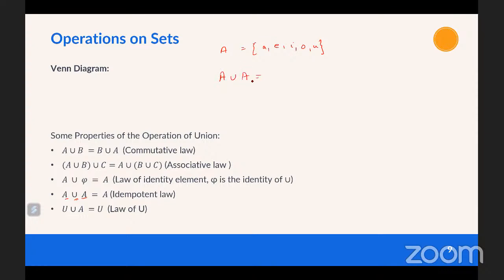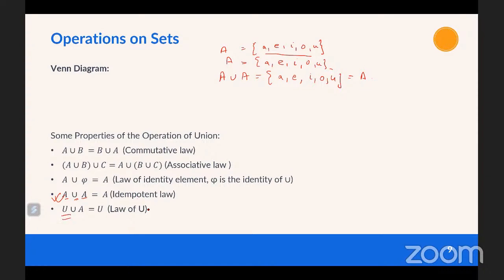So set A union set A. You take two sets which are the same, A, E, I, O, U. Now if you perform union, it contains the elements of both the sets, but here the sets are the same. So this union operation will give none other than the same set, the set A. Okay, this is known as the idempotent property.